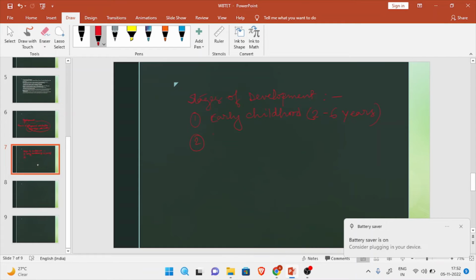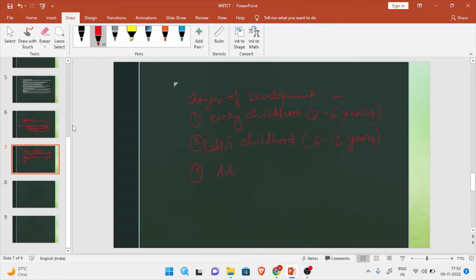Second one is later childhood, which is 6 to 12 years. Third one is adolescence, which is from 13 to 19 years.